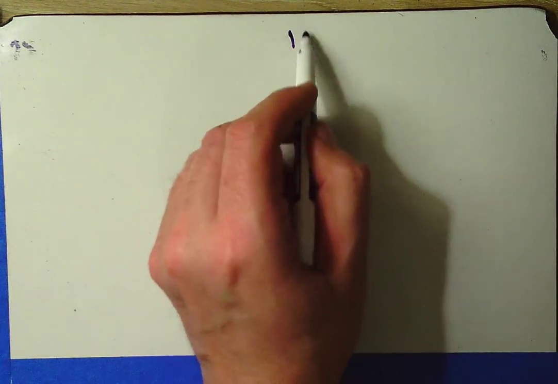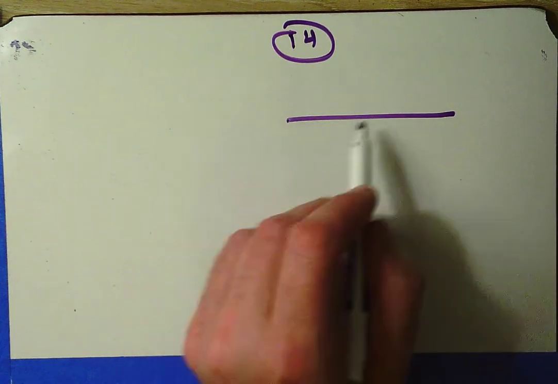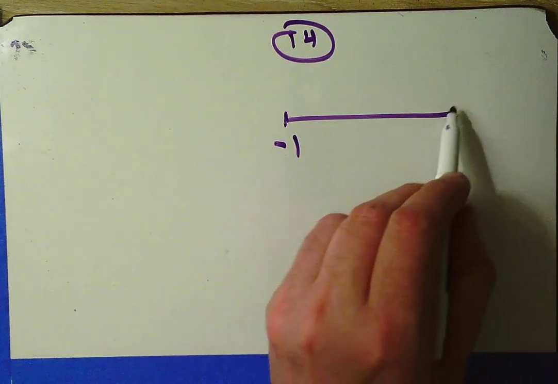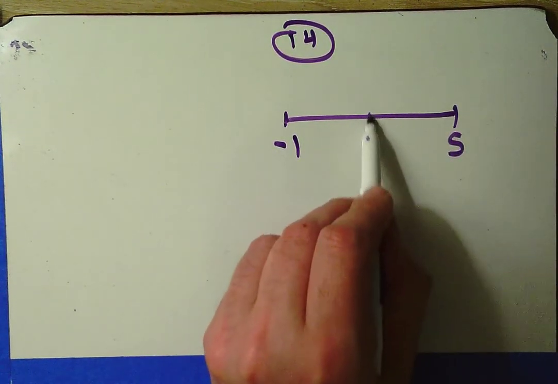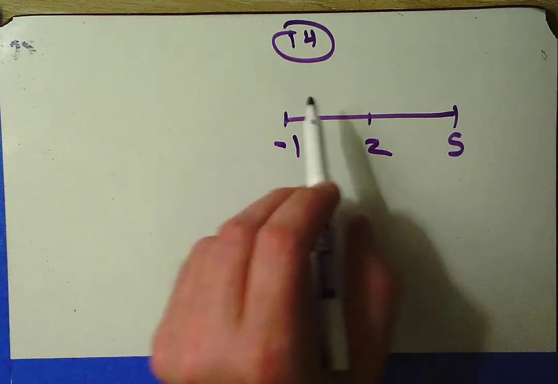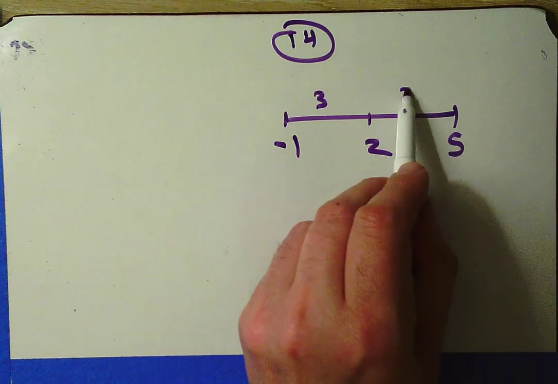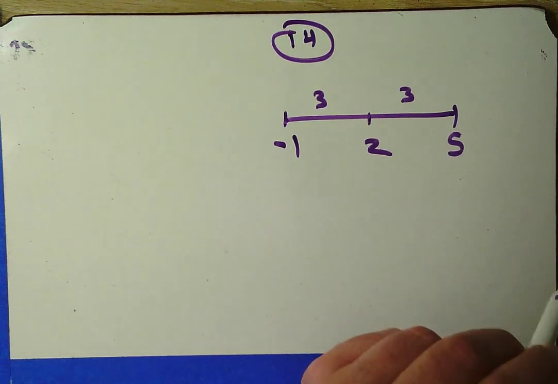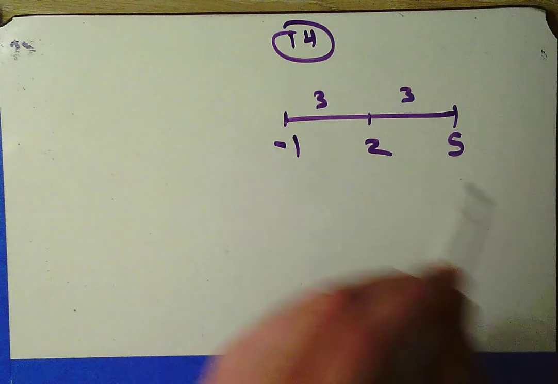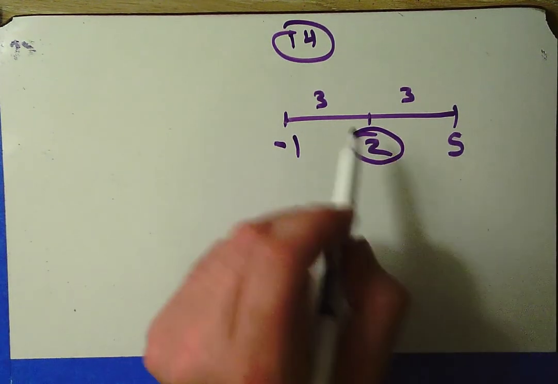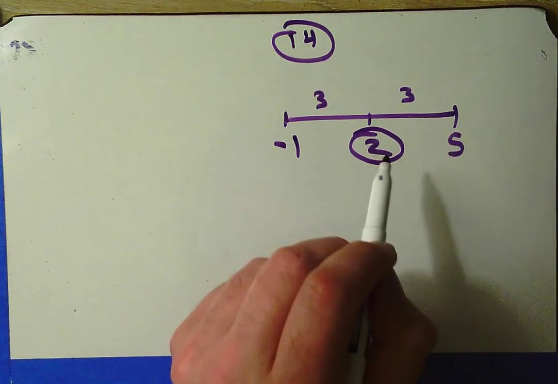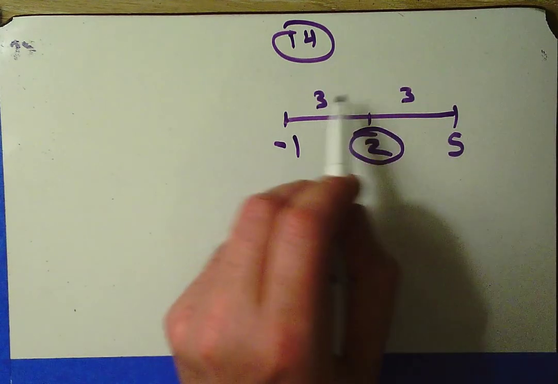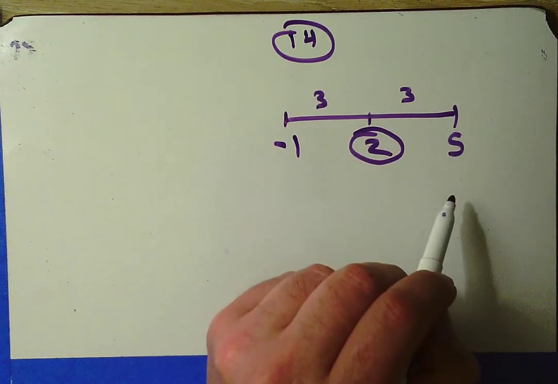Well, here's what I notice about this number line in number 14. The number line goes from negative 1 up to 5, and the halfway point is 2. This distance is 3, this distance is 3. And so when I think about writing absolute value here, I'm saying the distance for any number from 2 has got to be less than or equal to 3.